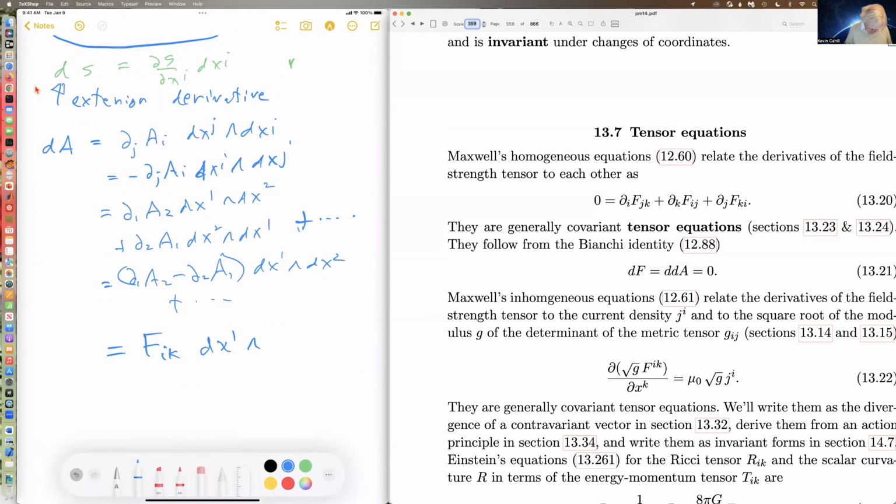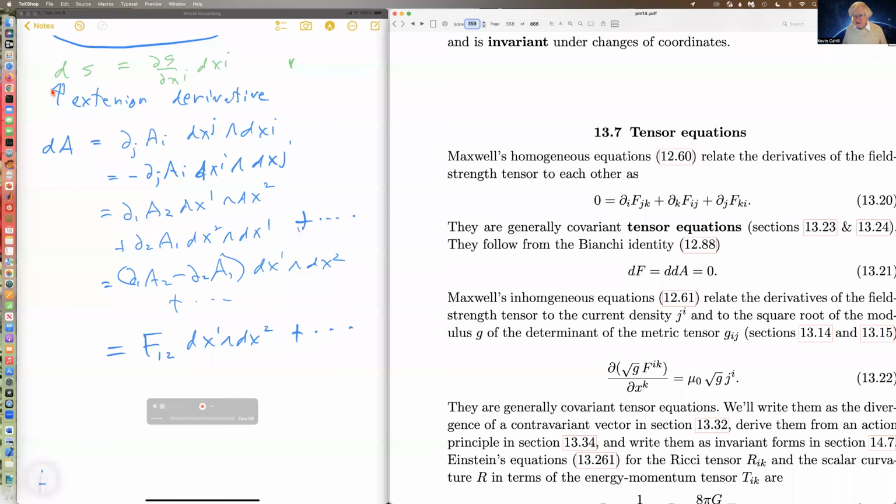Hold on. So this is F12 dx1 wedge dx2. And in fact, I think that gives us a factor of... no, this is right the way it is, I think. There may be a factor of 2 that I'm leaving out.